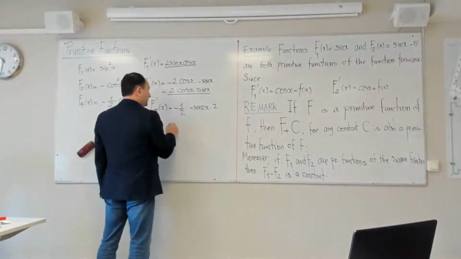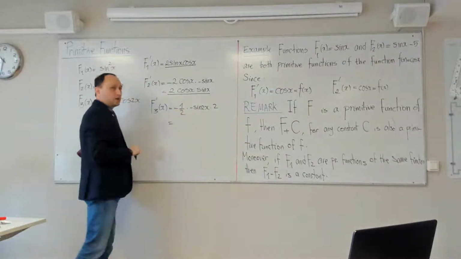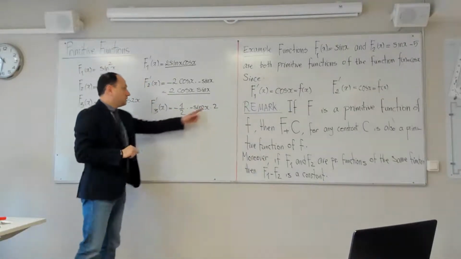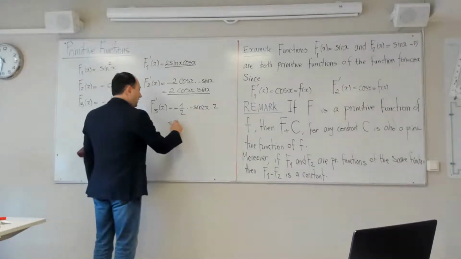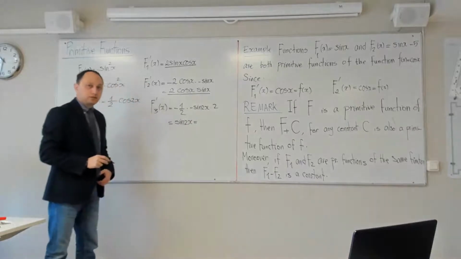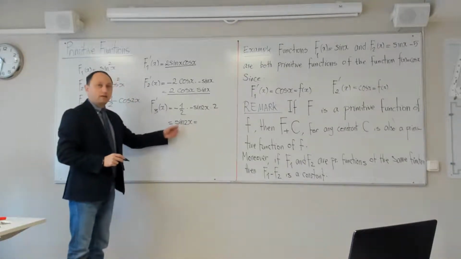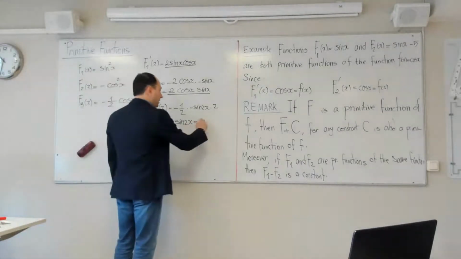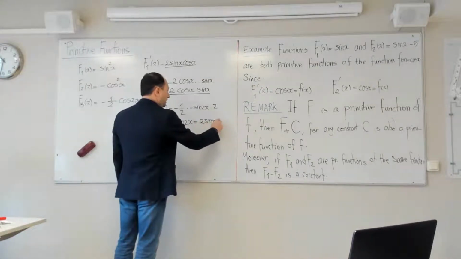But then let me simplify. This minus sign and that minus sign go away. This 2 will cancel that 2, and I will have sine 2x. But if you remember trigonometry in chapter 2, using the double angle formula for sine, this becomes 2 sine x cosine x.